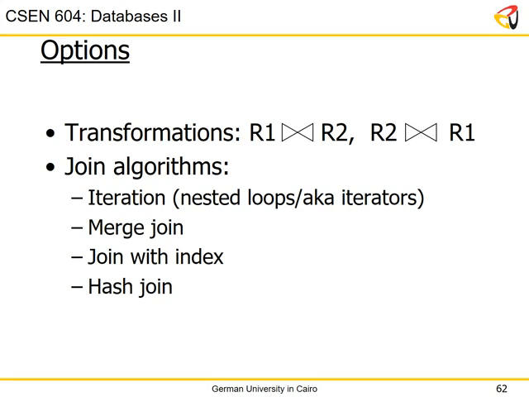So we're going to compute the cost for each one of them and figure out which one is optimal by having the smallest number of I/Os. That's how it's actually done inside a database engine.